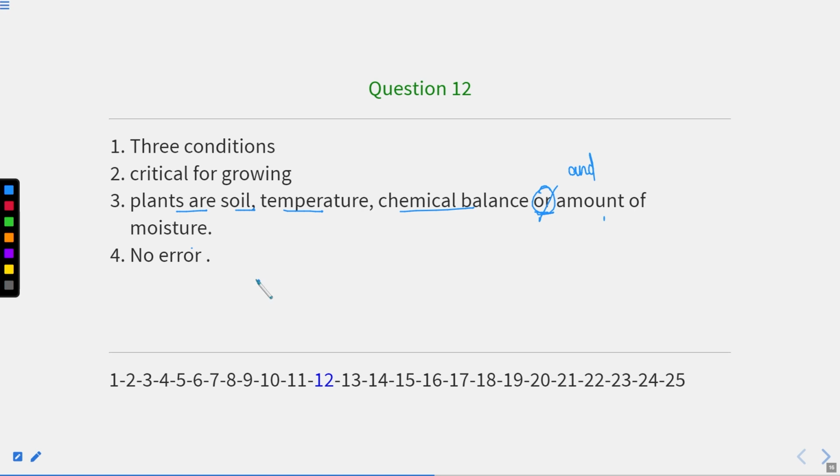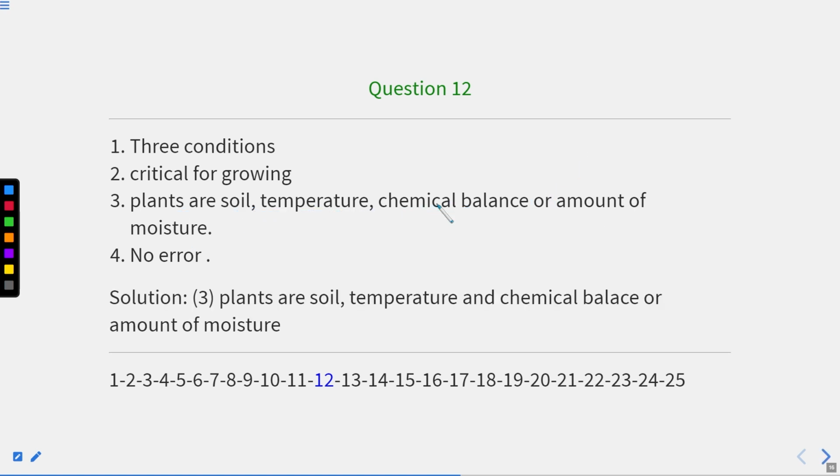So this and will make the amount of moisture mixed or added to these three parts. Okay. So here the error is in part third, where this or should be removed or replaced with and. Okay, the plants are soil, temperature, and chemical balance or amount of moisture. This or should be replaced with and. Okay, so this will be the correct answer.